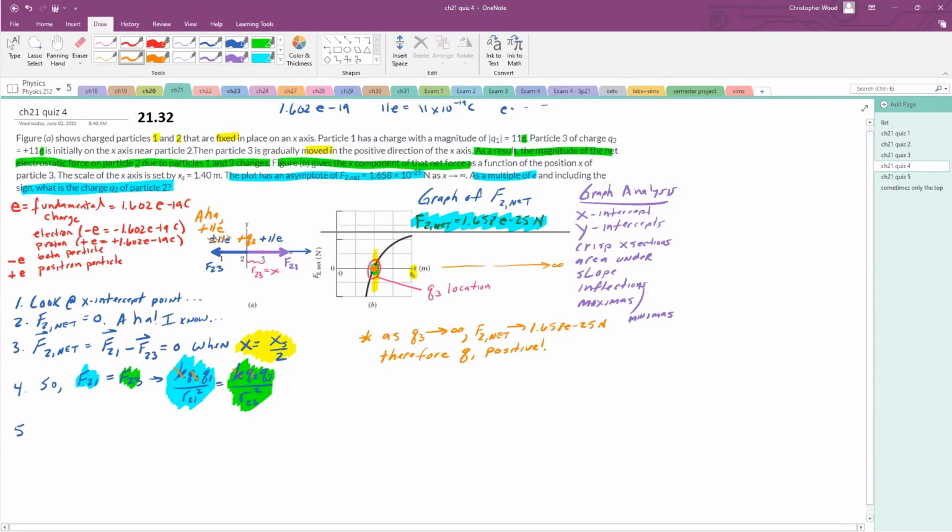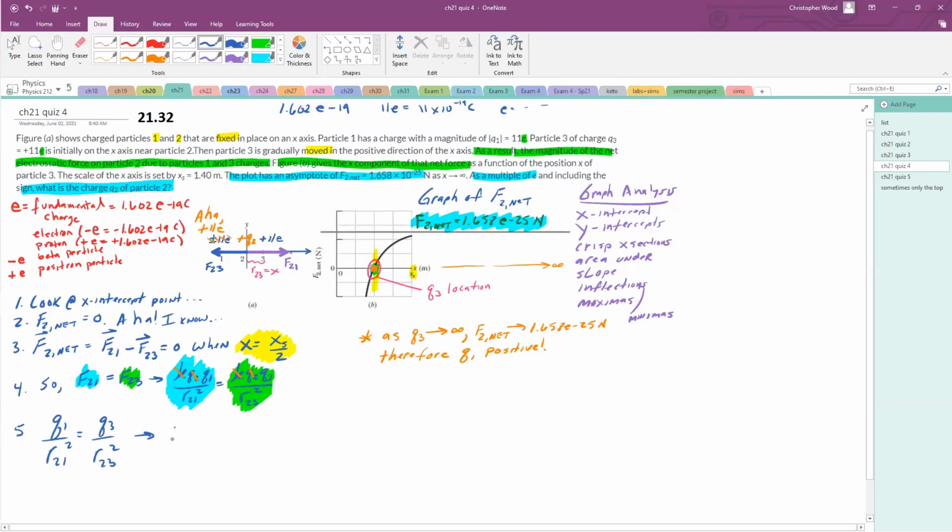So there goes my Q2, but I'm not going to completely despair quite yet. I'm just going to keep hammering on this. Because K and Q2 both cancel, I'm left with Q1 over R21 squared equals Q3 over R23 squared.